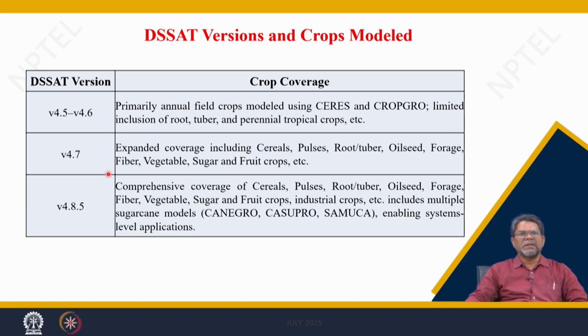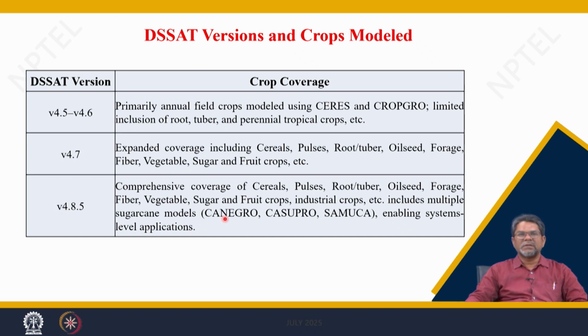Version 4.7 also has many cereals, pulses, root and tuber crops, oilseed, forage crops, fiber, vegetables, sugar and fruit crops. And recently we have DSSAT version 4.8.5.